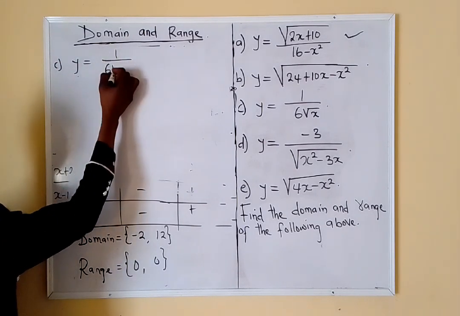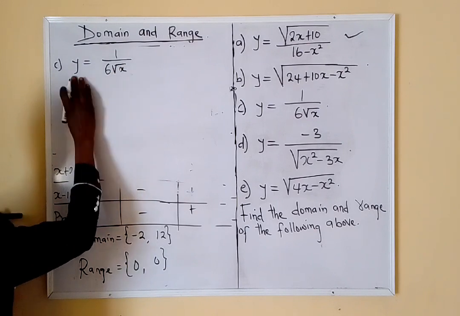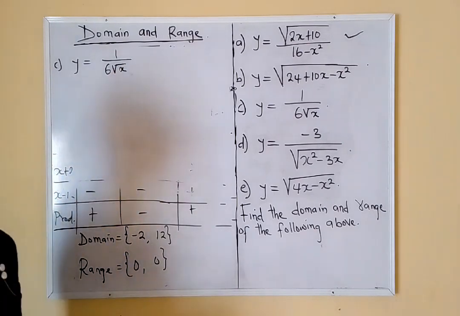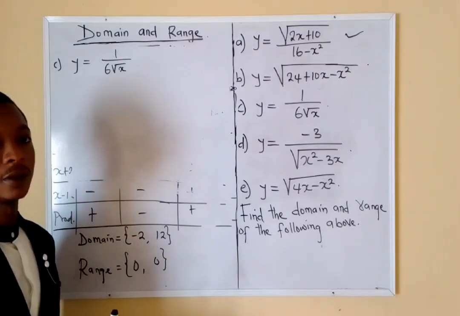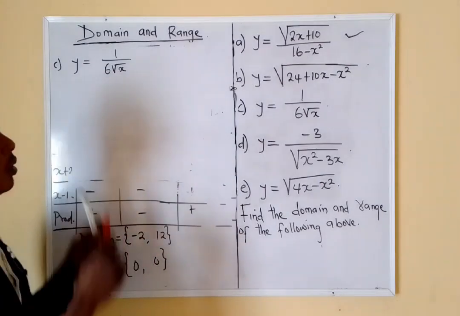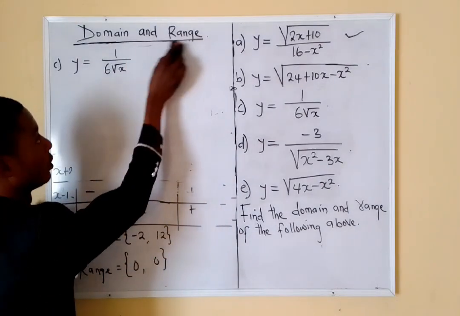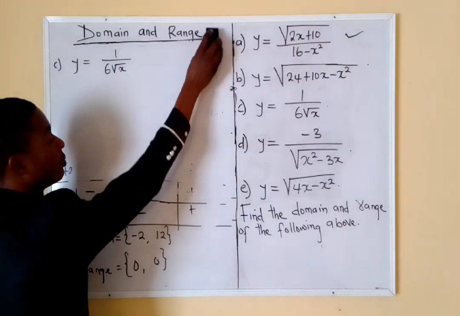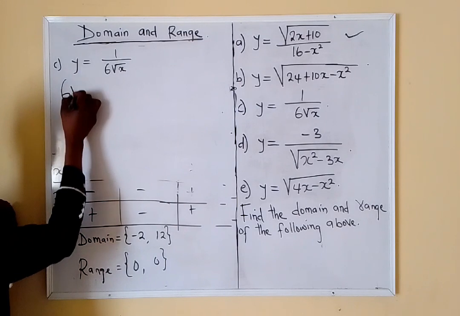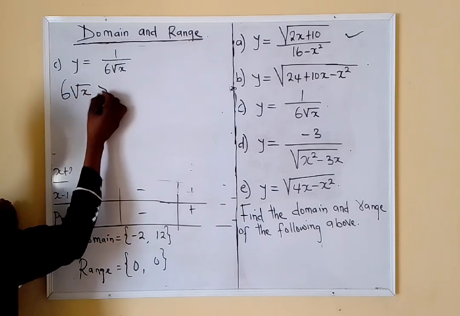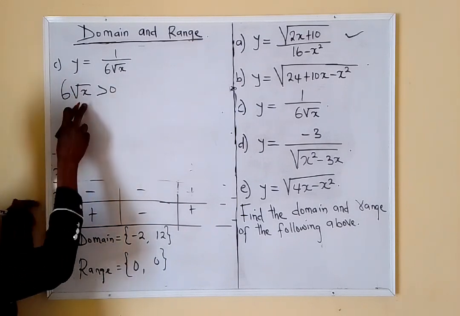So to solve this, we let everything in the denominator be greater than 0. Divide here by 6, here by 6, so it's left with root x is greater than 0. If you square both sides, our x is greater than 0.